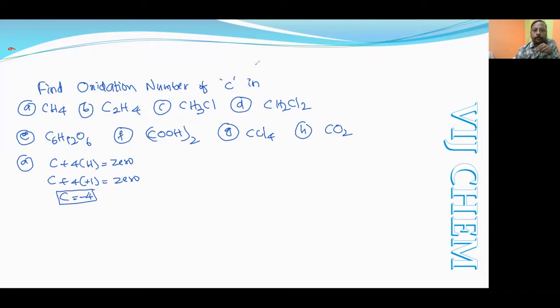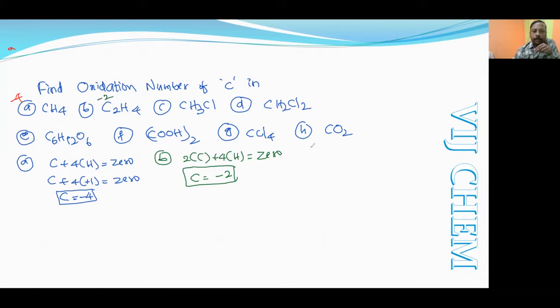So here the first answer is -4. Then coming to the second answer, B part, C2H4. So 2 into carbon plus 4 into hydrogen is equal to 0. So carbon will be -2.